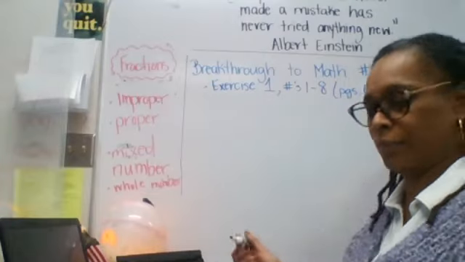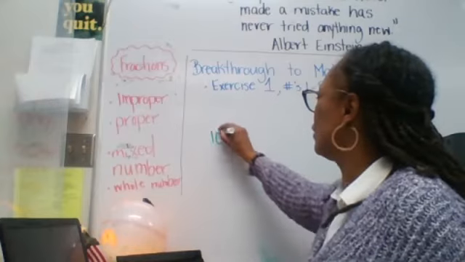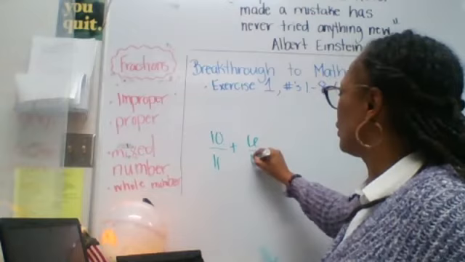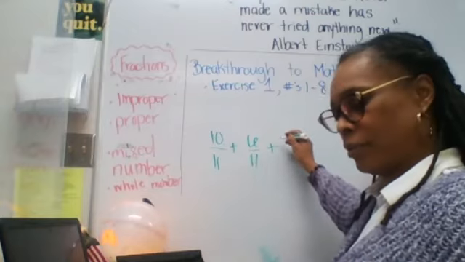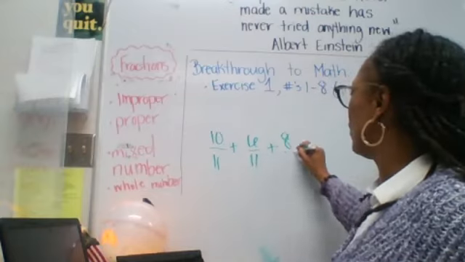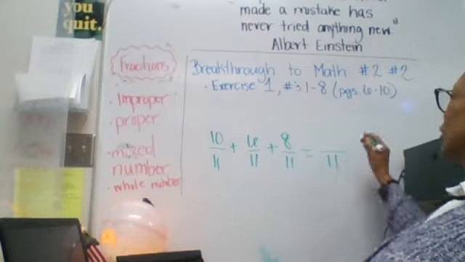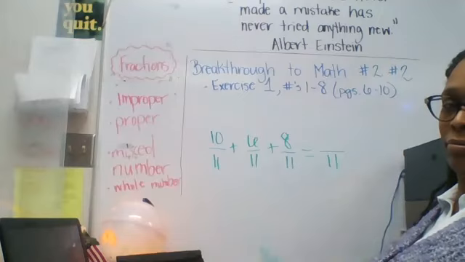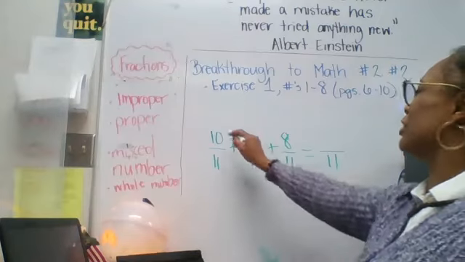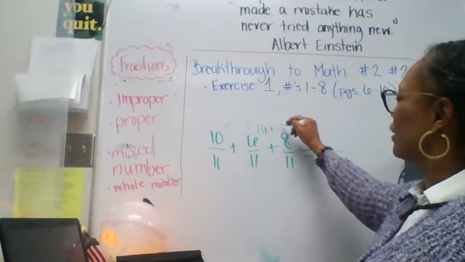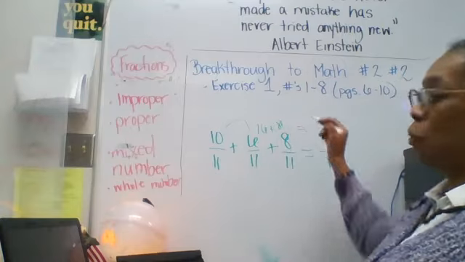Number 5 says 10 over 11, 6 over 11, and 8 over 11. So again, that denominator is 11, but we have 3 numbers to add. 10 plus 6 is 16, plus 8 is what?